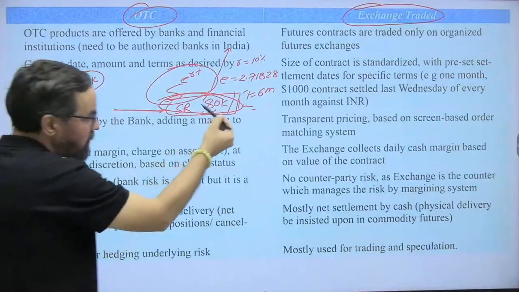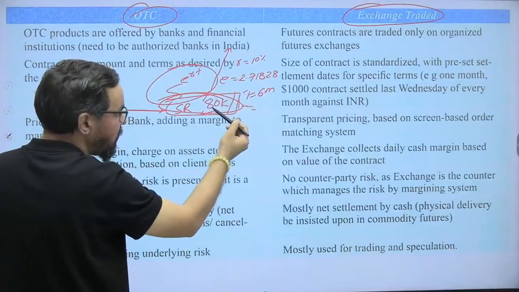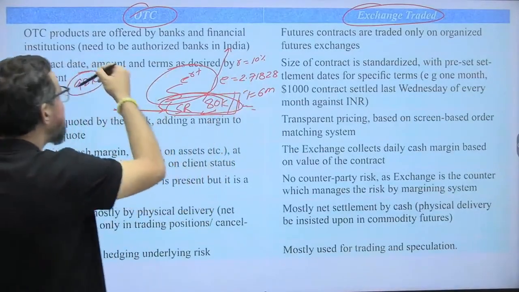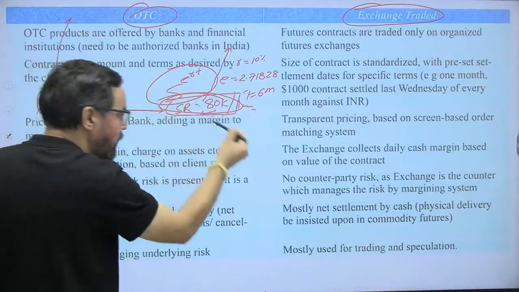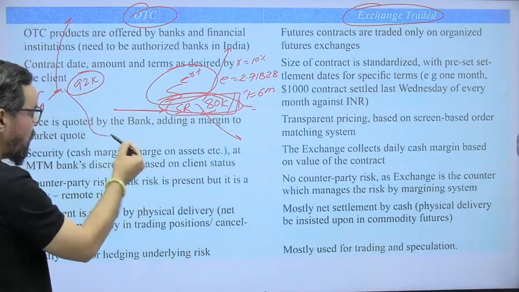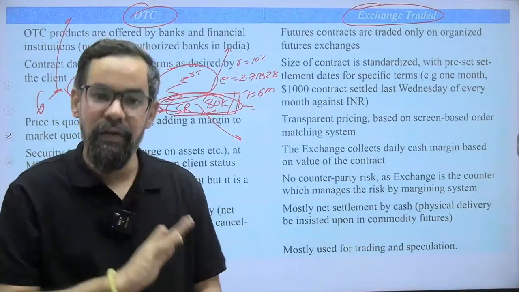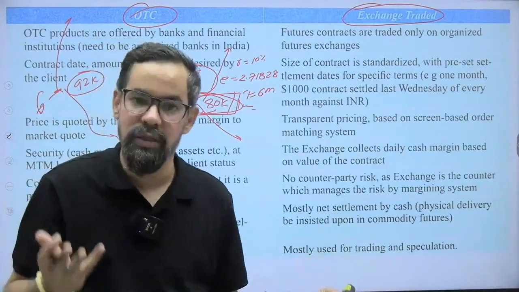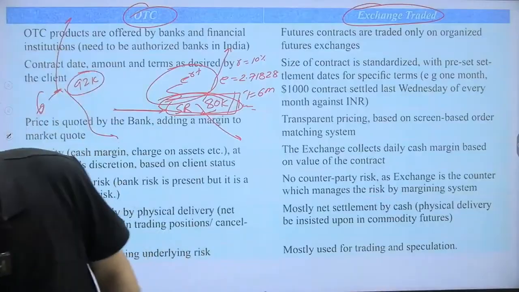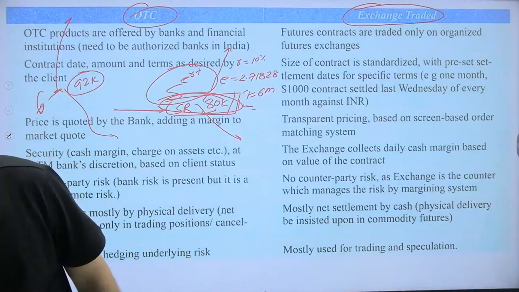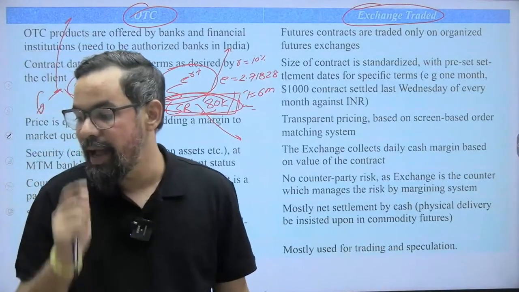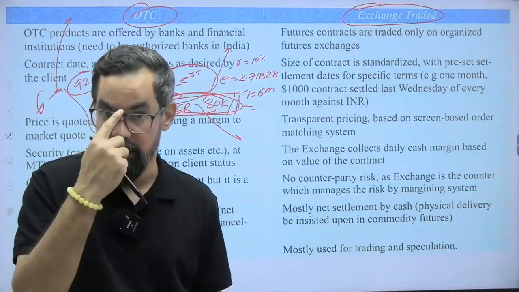If the spot price goes up from 80 to 90, this will also increase. If it comes down, this price will also come down. That's why every book and every definition says derivatives are financial instruments whose value is derived from and dependent upon an underlying asset.